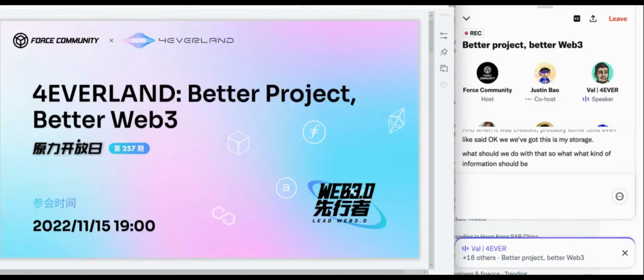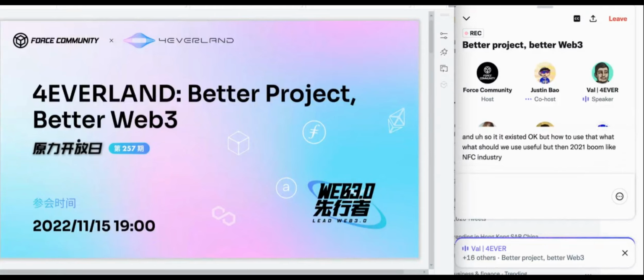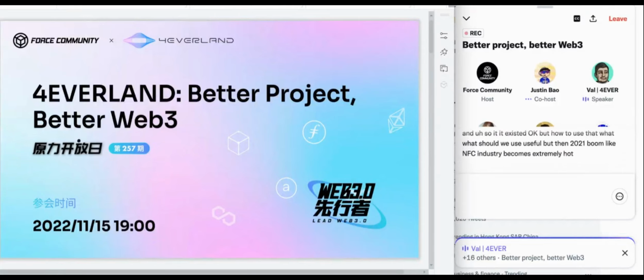What should we do with that? What kind of information should be decentralized? It existed, okay, but how to use it? What should it be used for? But then in 2021, boom, the NFT industry becomes extremely hot. Everyone says NFT, NFT, NFT, but nobody knows what it is.